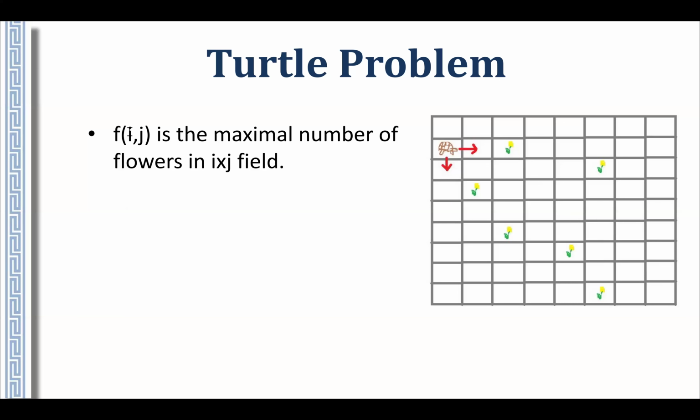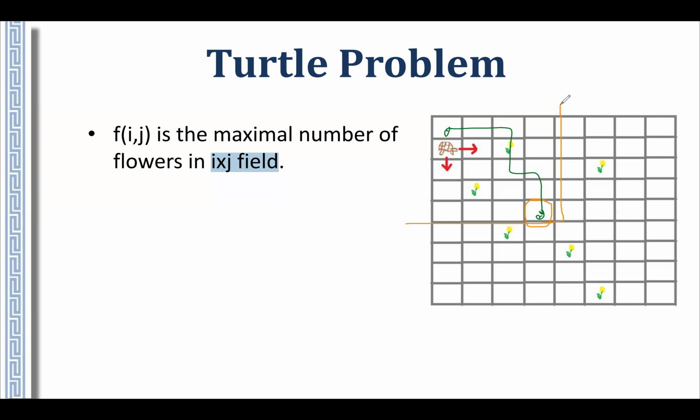So if we have a problem size i, j, it is like we consider only the field of size i, j. For example, this i and j is here, so this is the size of our field. We know that we always start from this position and end with this position. So it is similar to think about this smaller problem: how many flowers can we collect if we come to the cell with indexes i, j.